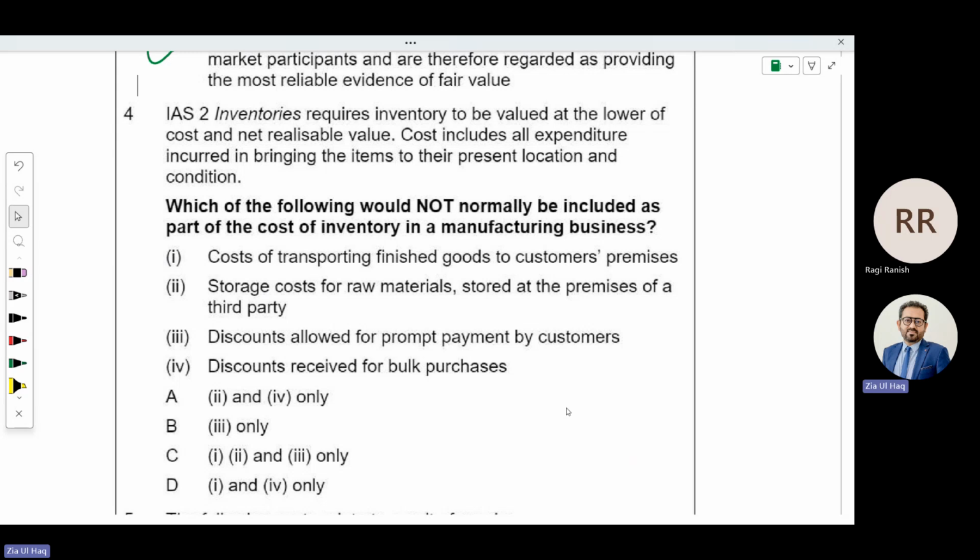Which of the following would not normally be included as part of cost of inventory in a manufacturing business? Cost of transporting finished goods to customer. Yes, this should not be part of cost. Storage cost of raw materials stored at the premises of a third party.